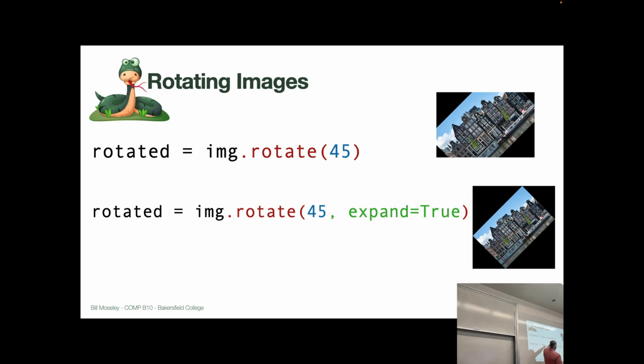So if I rotate an image 45 degrees, it chops off the corners. If I want to keep the corners, and I'm okay with the dimensions of the image changing, then I put expand equals true as a second parameter. The default is expand equals false, so I can leave it off. But if I add it, then it expands the size of the image to make sure the corners are kept intact and don't get cropped out.